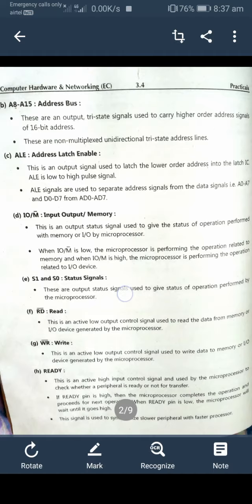When the READY pin is low, the microprocessor will wait until it goes high. This signal is used to synchronize slower peripherals with a faster processor.